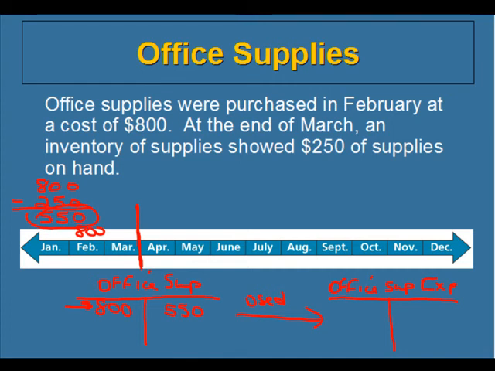So we're going to debit office supplies expense for $550. So in our adjusting journal entry, our debit is to office supplies expense and a credit to office supplies. What we're doing with adjusting journal entries is we're transferring amounts from one account to another to ensure that both of them are reflected correctly in the financial statements.